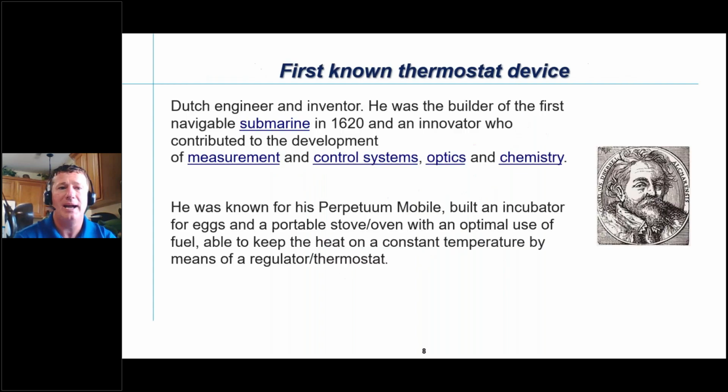So back in the 1600s, there was a Dutch engineer and inventor that built the first navigable submarine. So it was actually a steel and bronze submarine, and he created a variety of different mechanical mechanisms. And one of them was a device that used mercury to control temperature inside of a baking oven.